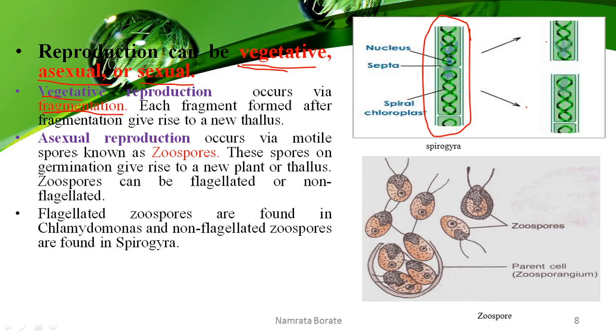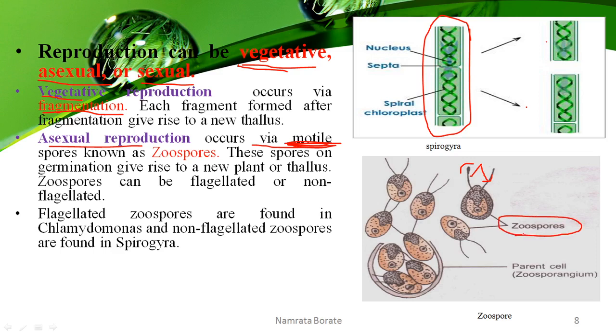The second phenomenon is asexual reproduction. Asexual reproduction occurs via motile spores. You can see here this one is a motile spore because there is a presence of flagella. As the flagella is present, it is motile. These motile spores are called zoospores.